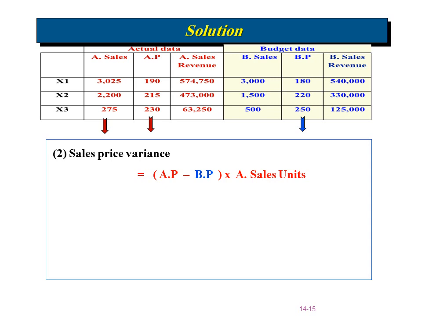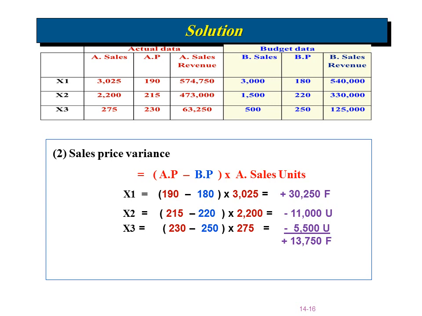Okay, for example, for X1 actual price, yes, 190 minus what? Budgeted price 180 times actual sales units. My actual sales units for X1 here 3,025. Okay, this is my sales price variance for all products.